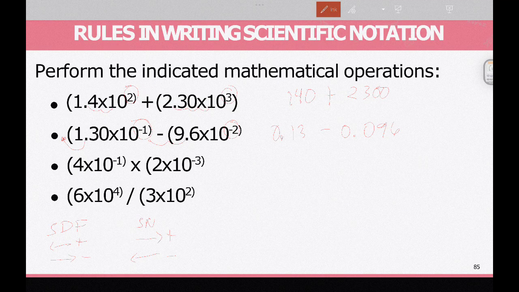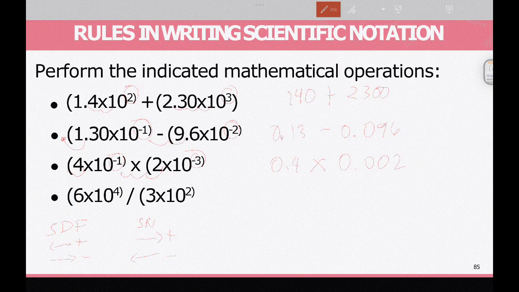Next, negative 1, so move the decimal point here, that is 0.4, multiplied, so 3 times we move it, so 1, 2, 3, that is 0.002.